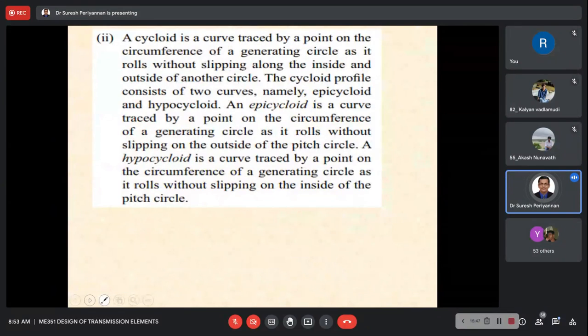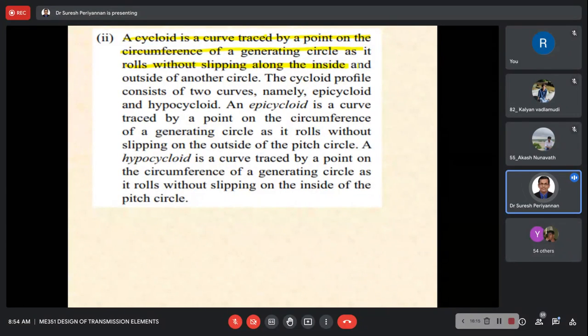Now some more points we discuss about the cycloid curve. The cycloid curve is traced by a point on the circumference of the generating circle as it rolls without slipping along the inside and outside of the circle.